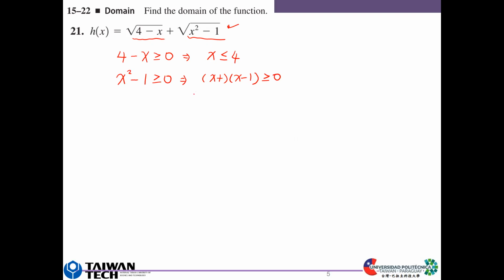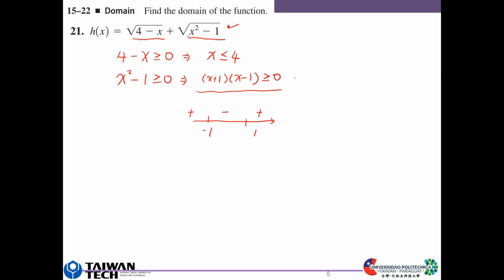For this problem, we could draw a line, with the points 1 and minus 1, and the factors x plus 1 and x minus 1. We plug in numbers, so this is positive; between minus 1 and 1 it is negative; and if it's larger than 1, it's positive.